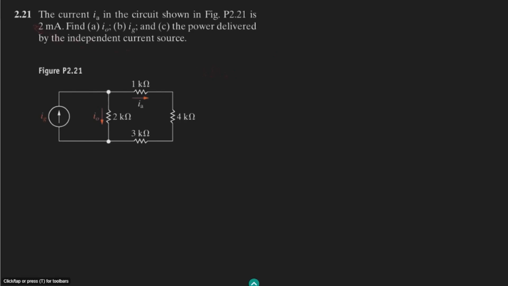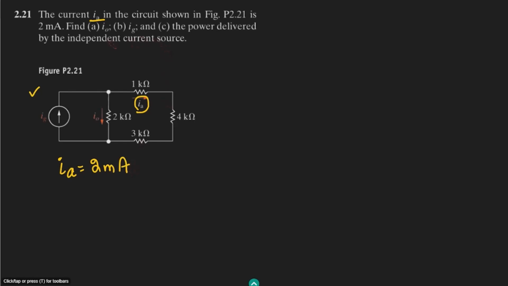So this is question 2.21 of our book Electric Circuits by Nilsson, and the statement of this question is: the current IA in the circuit shown in figure P2.21 is 2 milliamps. This is the IA, and the value of IA is 2 milliamps.